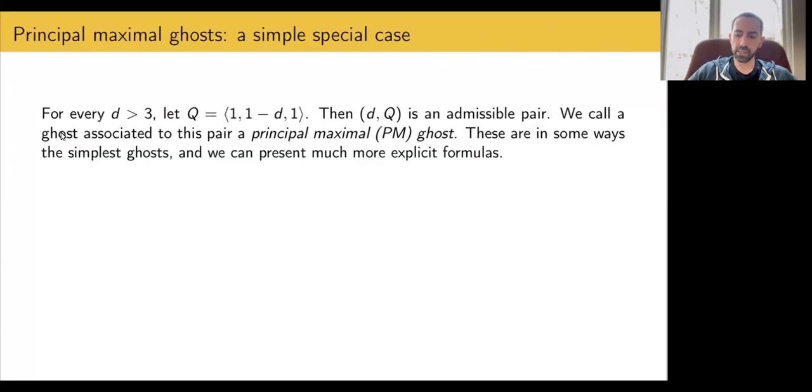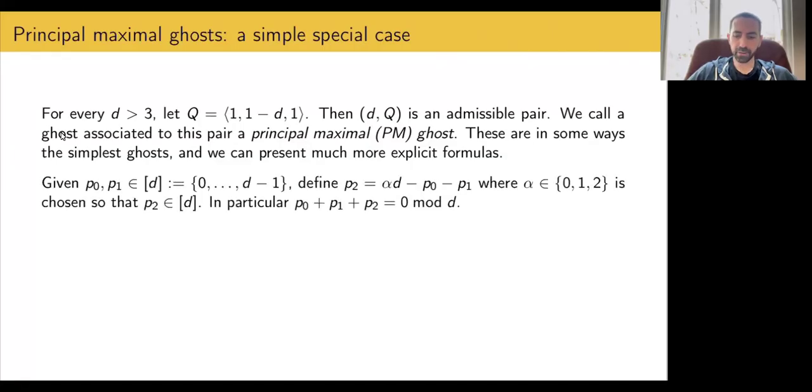Then D, Q is an admissible pair. We call this the principal maximal ghost because it's associated with the principal quadratic form, and it's got the maximal conductor. In some ways, these are the simplest ghosts. So I will present to you today a fully explicit formula, except for the plus or minus signs, but you can look those up in the paper.